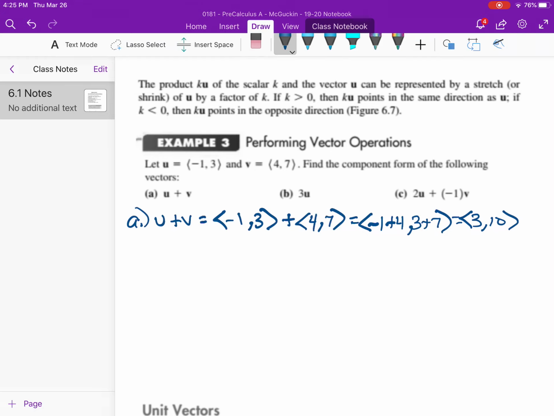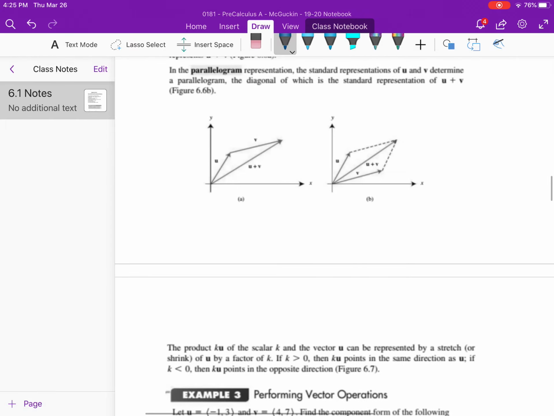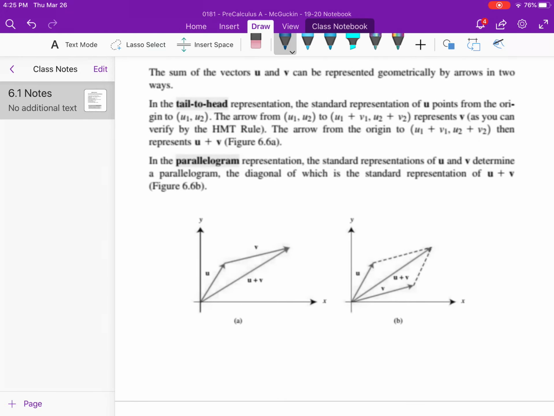Now, let me show you real quick what vector addition looks like from a geometric perspective. We see this in 2 different ways. We can take the sum of these vectors and represent them using arrows in a geometric shape. Ultimately, we have 2 ways of representing this: the tail-to-head representation and the parallelogram representation.